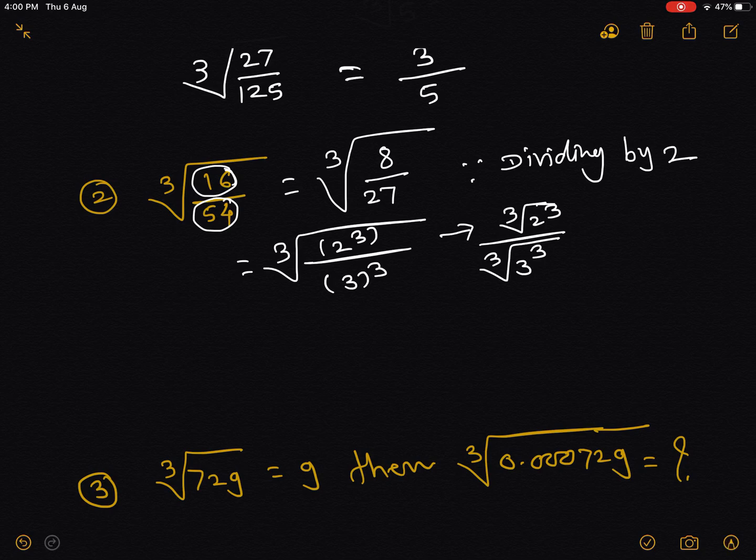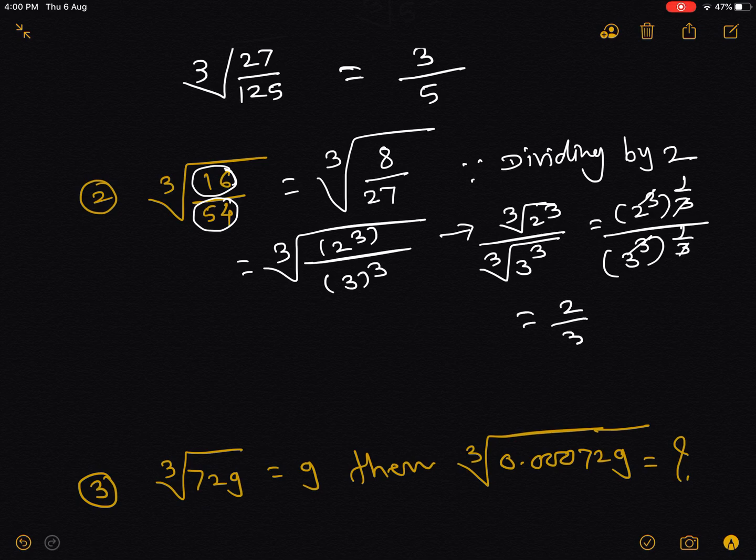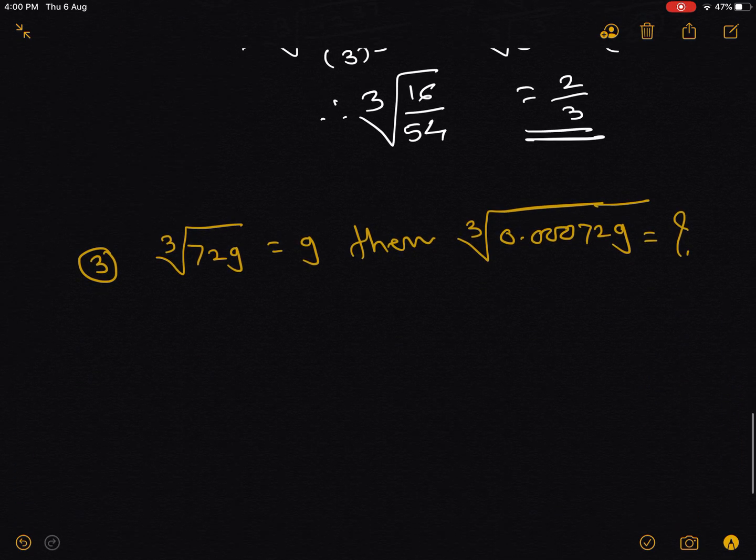Now the numerator, it is 2 raised to 3 and its cube root, that means 2. Denominator is 3 raised to 3 and its cube root, that means 3. The remaining terms are 2 upon 3. Therefore the answer is cube root of 16 upon 54 equals 2 upon 3.